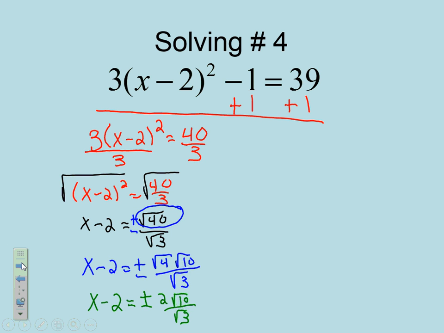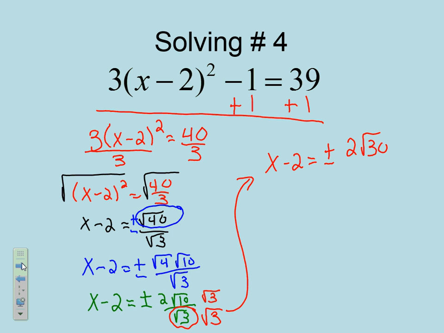Under no circumstances, ladies and gentlemen, can we have this square root of 3. So in order to get rid of it, we're going to multiply it times the bottom and the top. When we do that, we're going to get x minus 2 equals plus or minus 2 square roots of 30, because 10 times 3 is 30, all over the square root of 9.